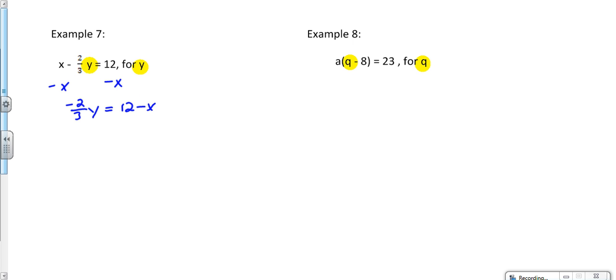So 12 minus x. Now we want to solve for y. So the question is, how do we take care of a negative 2/3? Well, we can do it in one step by multiplying both sides by a negative 3/2. Now, some would say, well, we're going to divide by whatever's there. Well, if you divide by negative 2/3, it's the same as multiplying by negative 3/2, the reciprocal.